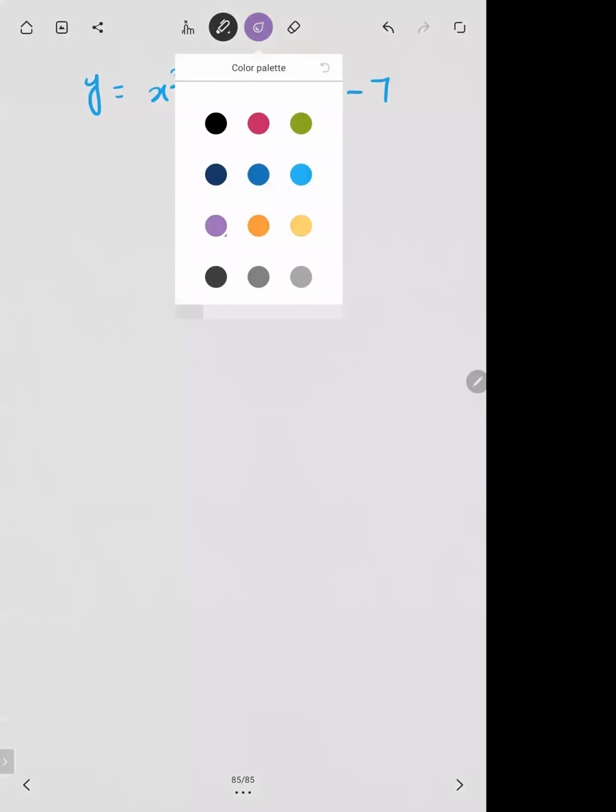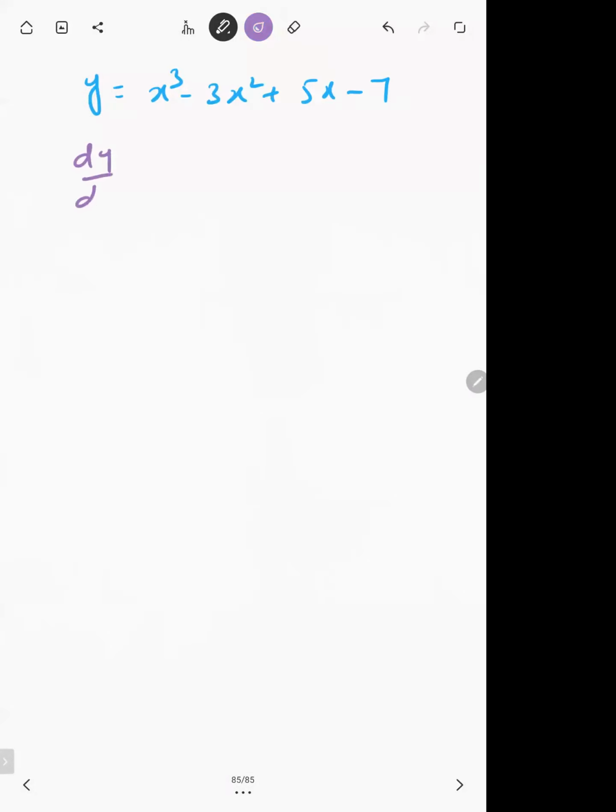For example, take y is equal to x cube minus 3x squared plus 5x minus 7. If you differentiate this curve, you will get dy by dx is 3x square minus 6x plus 5. This dy by dx is your first derivative, and if you differentiate this again, you will get a second derivative.